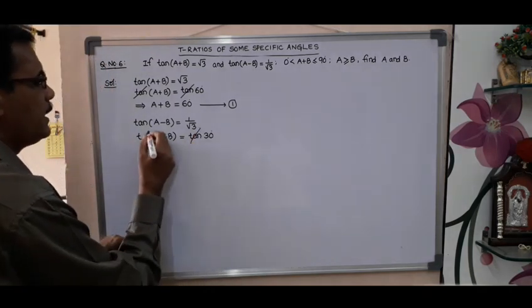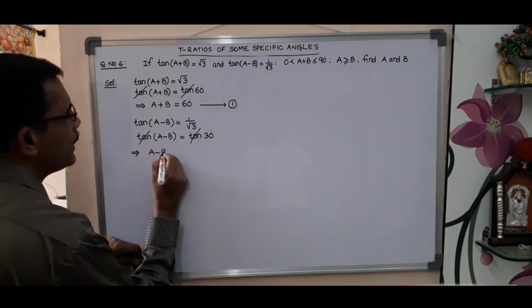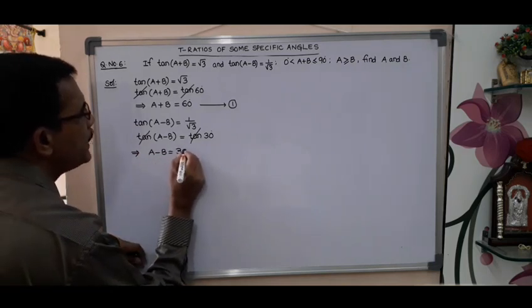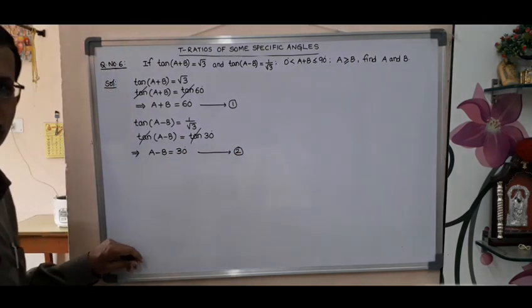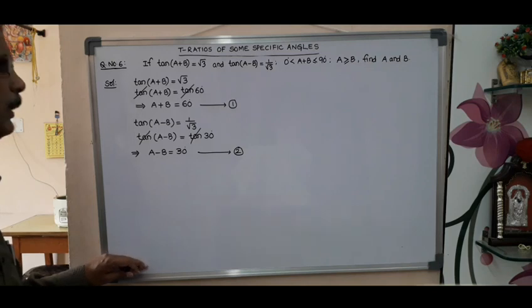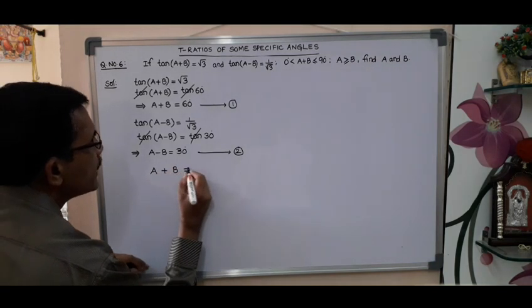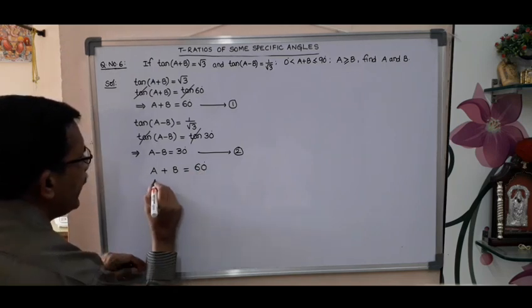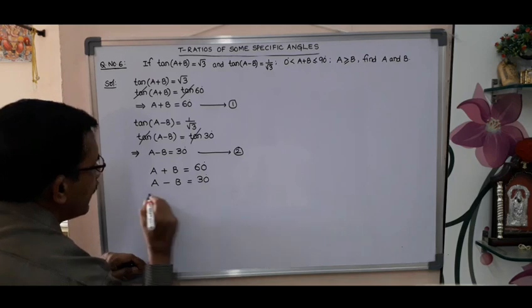Both sides cancelling tan, a - b is equal to 30 degrees. Taking it as equation 2. By solving these two we will get the values of a and b. a + b is equal to 60 degrees, a - b is equal to 30 degrees.